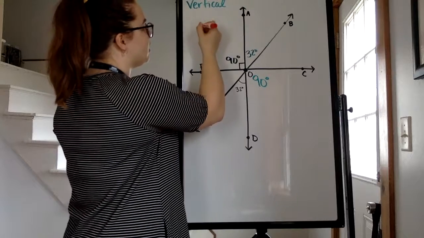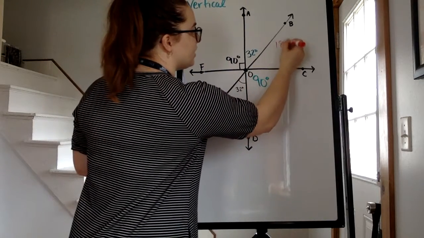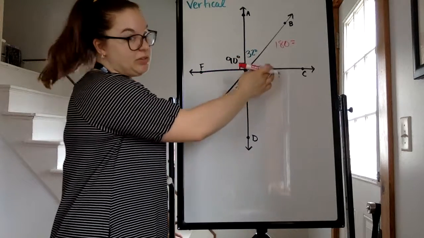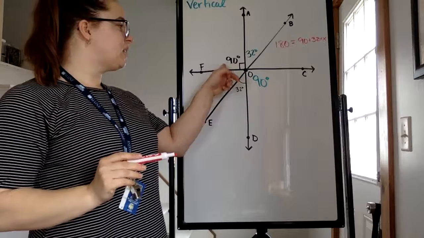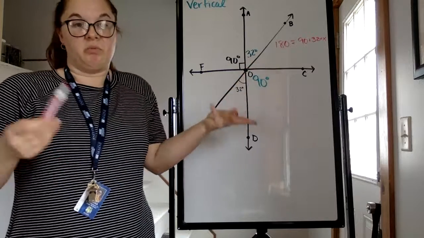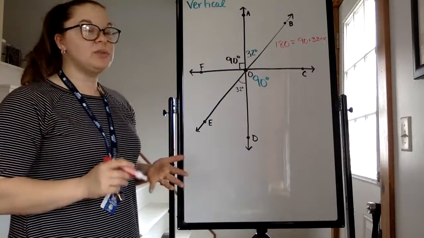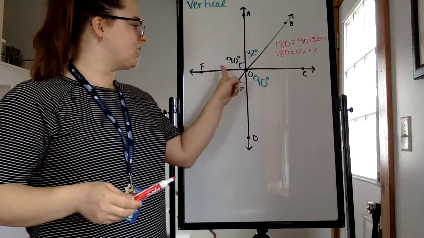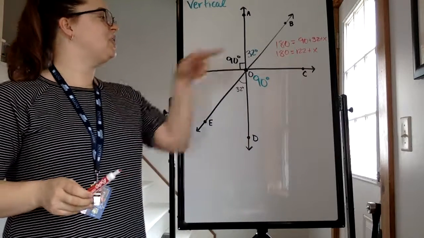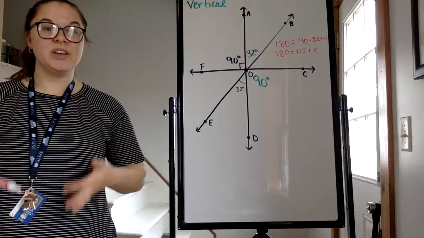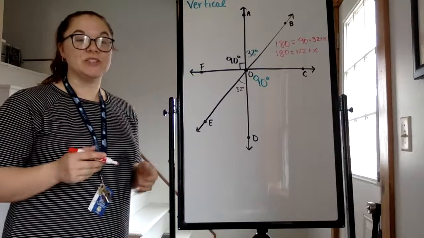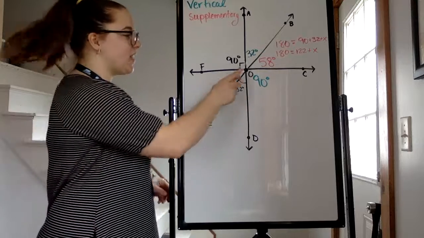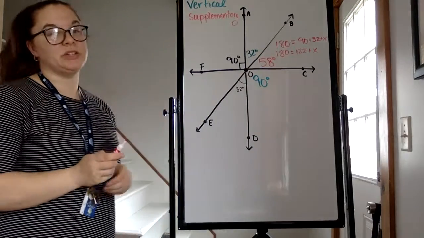So we know that 180 is going to equal 90 plus 32 plus whatever this is. So 180 equals 90 plus 32 plus unknown. We'll just put an x. So we're going to use some algebra to solve this. You know, that 180 degrees, this whole line is going to equal these two, 122 degrees plus x. So x has to be 58 degrees. So we now know that this angle is 58 degrees. And we know that because of supplementary angles.